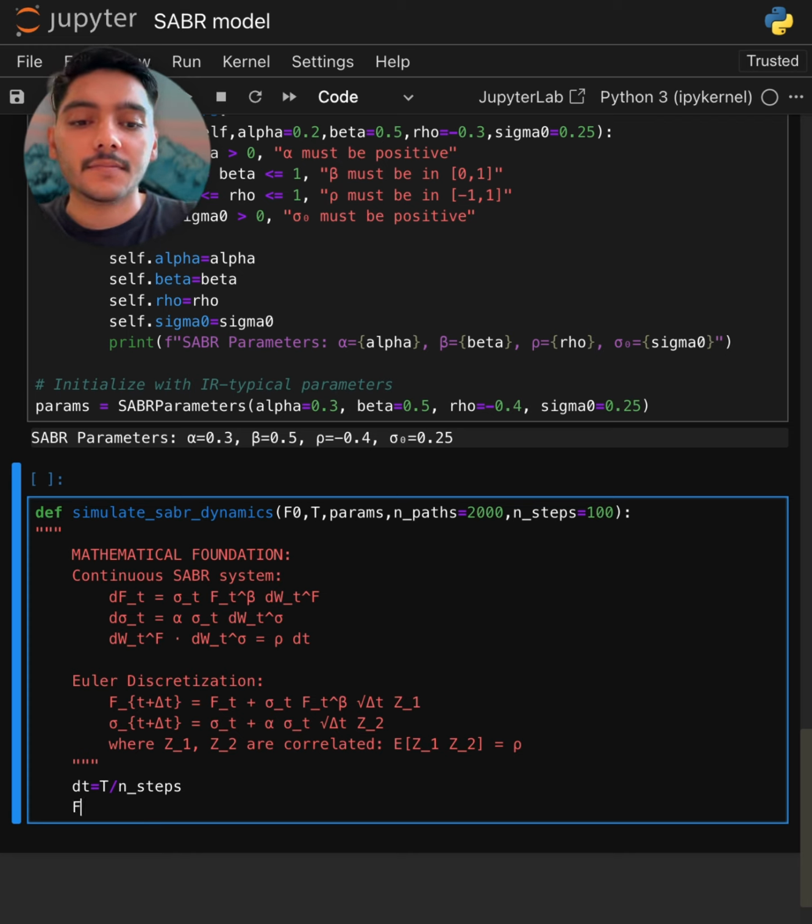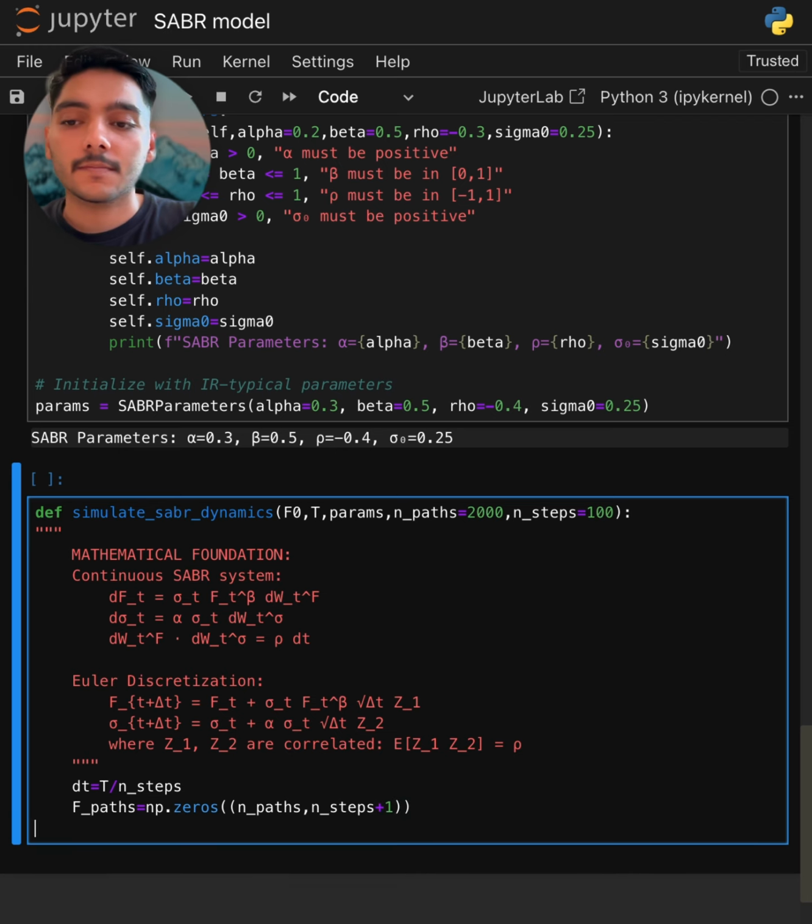So it will be f paths is equal to np.zeros of n paths, n steps plus 1, and sigma paths is equal to np.zeros of n paths, n steps plus 1.